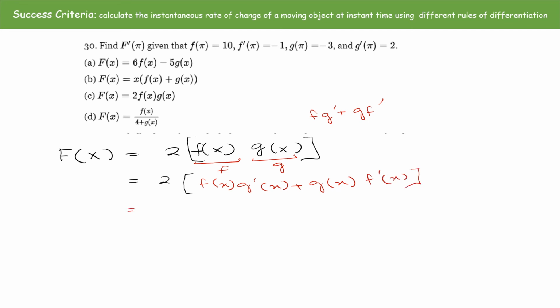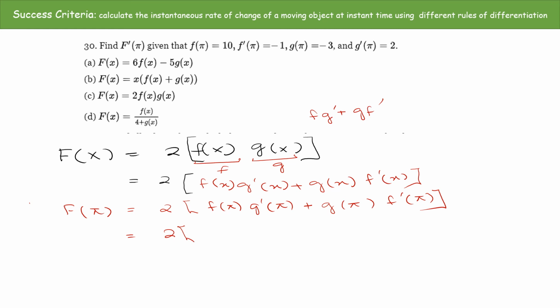Now replace all the x by pi as instructed in your question. So we will write the 2 as it is, f of pi, g prime of pi plus g of pi, f prime of pi. Now substitute the values as given in the question.